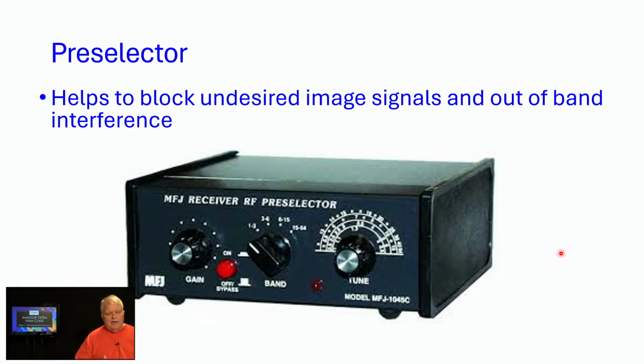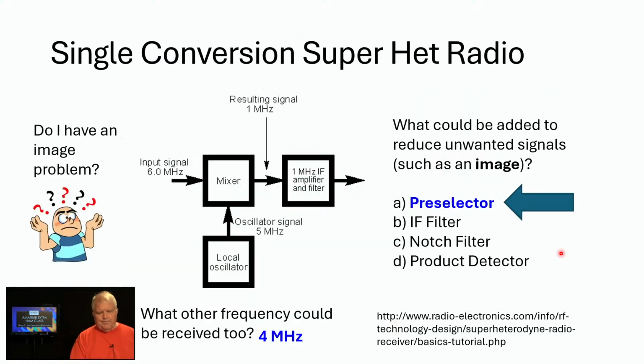That's a pre-selector. And some of them are also used with transceivers. They have RF sensing, so they can go into bypass should they sense transmitted RF coming back to them. That's the single conversion superheterodyne radio. That's where you're going to have image problems. And one thing you can do is add a pre-selector.